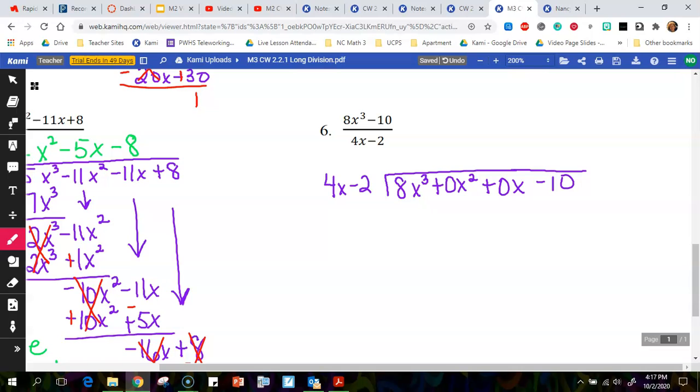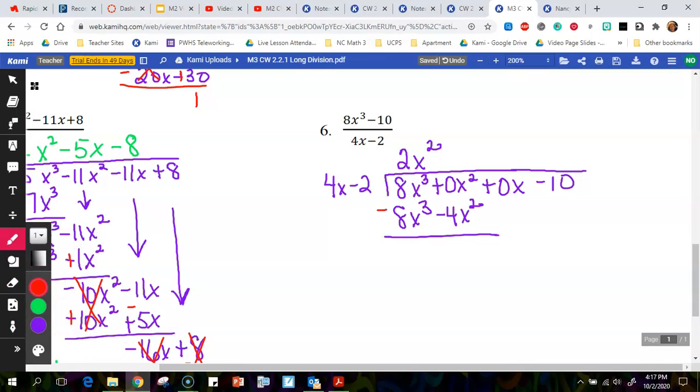All right, so 8x cubed divided by 4x is 2x squared. That's going to be 8x cubed, and 2x squared times negative 2 is negative 4x squared. 0 plus 4 is 4x squared.